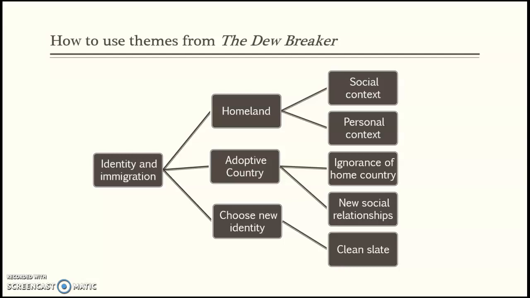So these ideas are a particular viewpoint about identity and immigration. There is a logical order to these ideas, and again, you can work through them completely on their own merits, or you can pull different quotes and ideas from the novel to support these points as well.